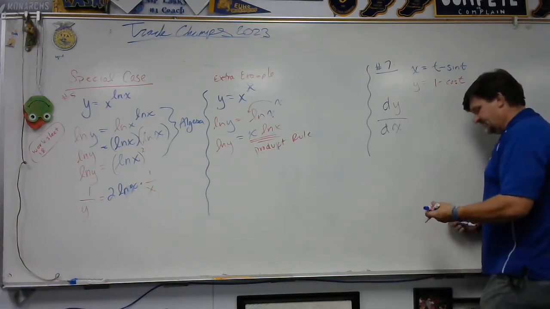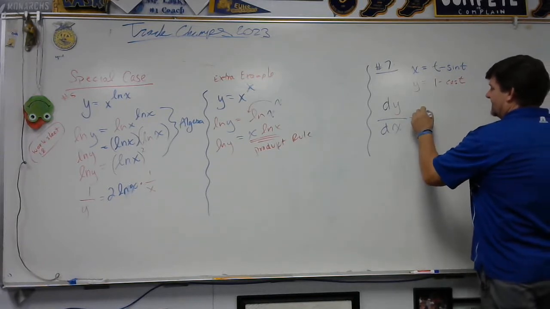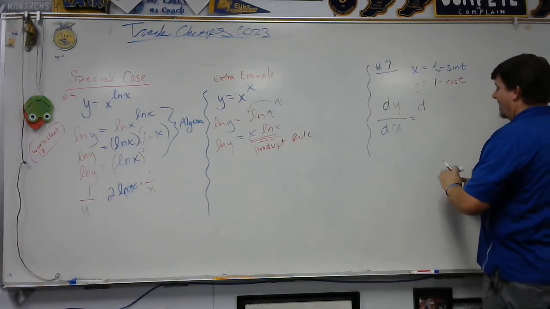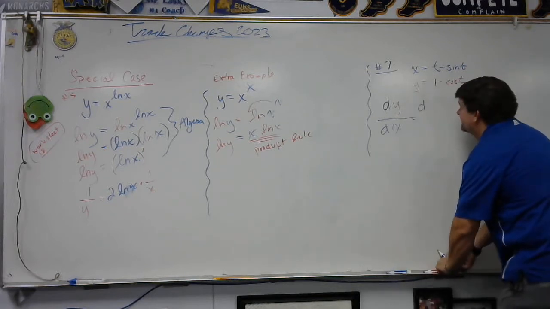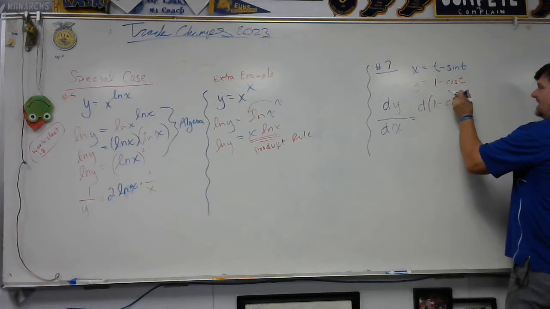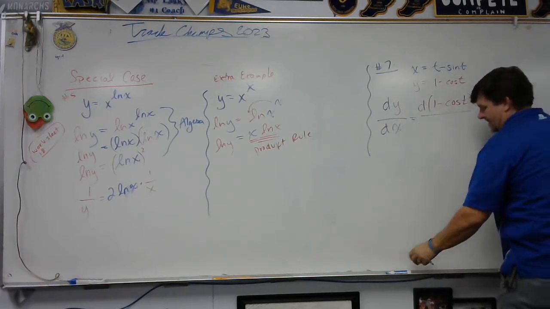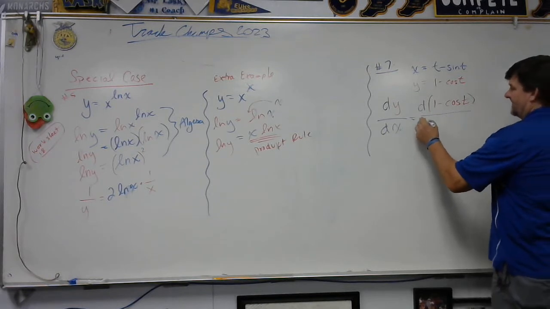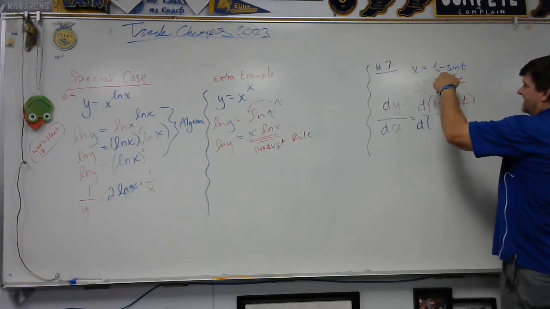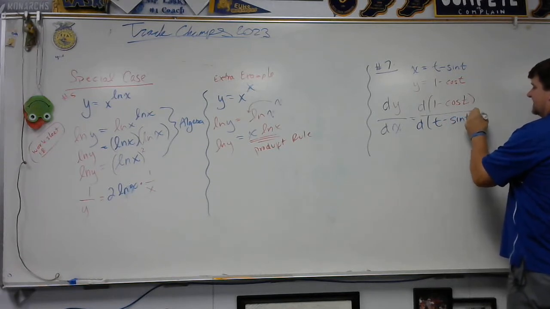So now let's rewrite this. Really we're saying what's the derivative of y, which is going to be 1 minus cosine of t, and that is all going to be over the derivative of x, which is t minus sine of t.